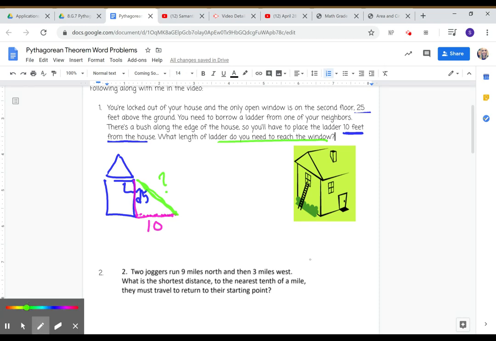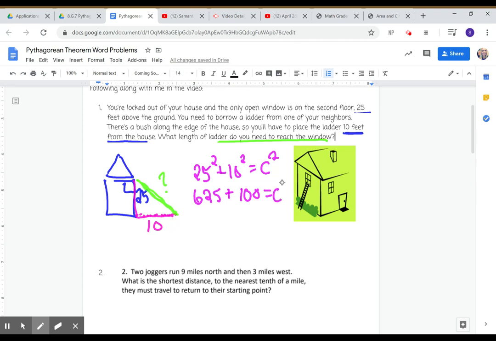So for my number setup, I'm going to go 25 squared plus 10 squared equals C squared. Okay, from there, you know what to do. 25 squared is 625. 10 squared is 100. I'm going to add those two up, 725.